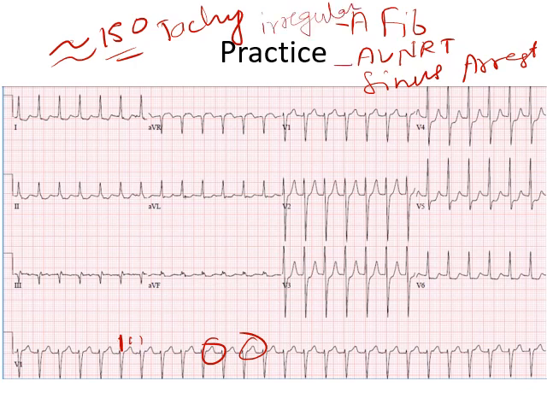In AVNRT we see a regular heart rhythm and perhaps tachycardia. And in sinus arrest we see bradycardia. So if we fill the gaps, we can safely say that this is tachycardia and it is regular. So the diagnosis here is AVNRT.